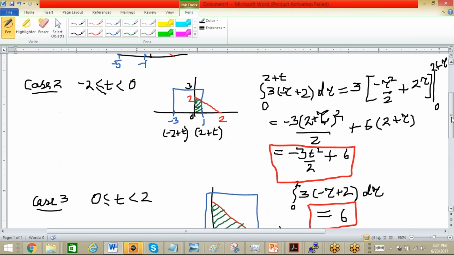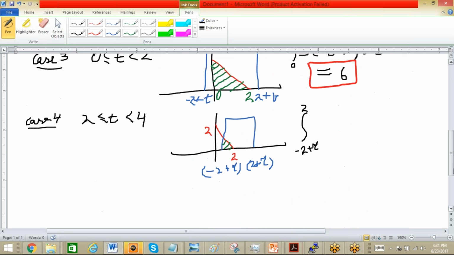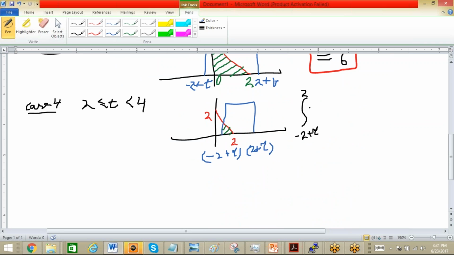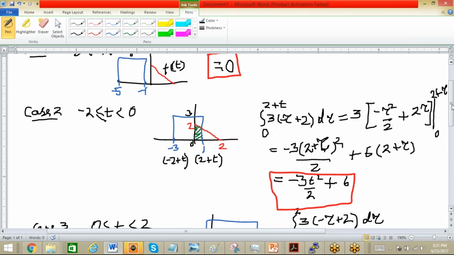And then the same set of functions, that is minus 3 minus tau plus 2, like this, 3 minus tau plus 2 d tau. Okay. Again, this overlap is there, and it will give you some kind of square function, right? Just like you have seen in case number 2.